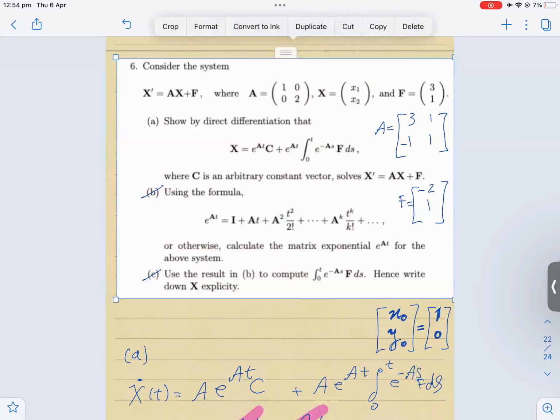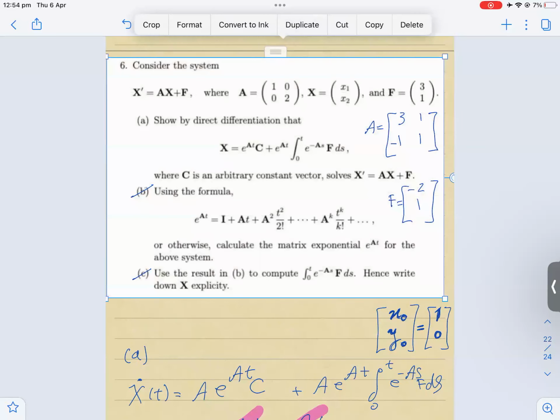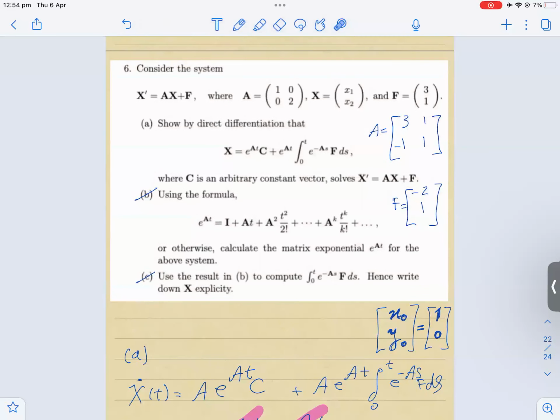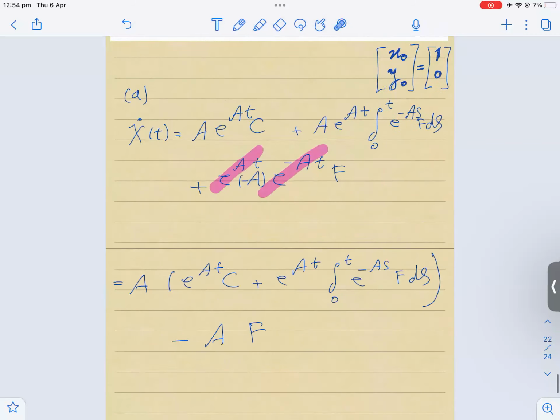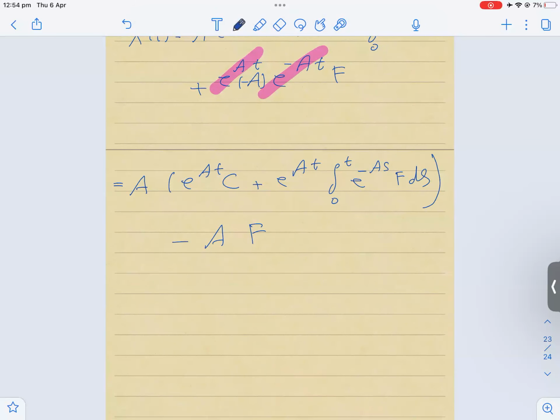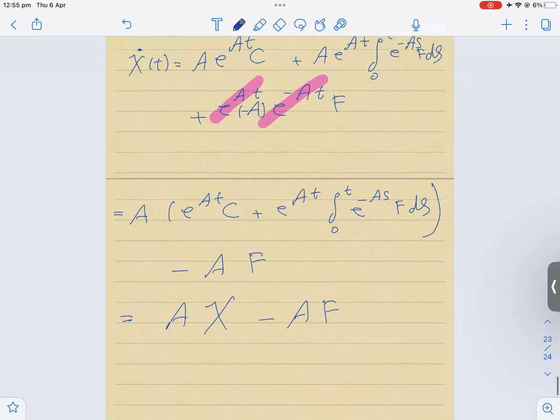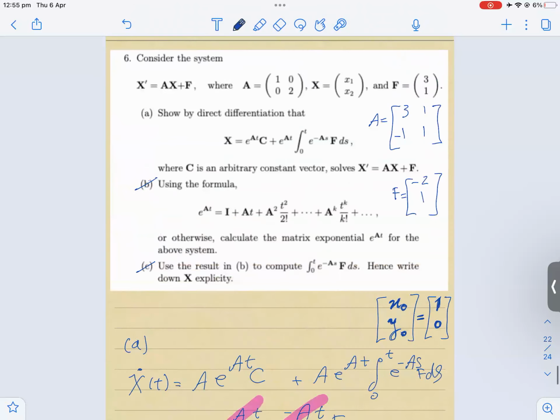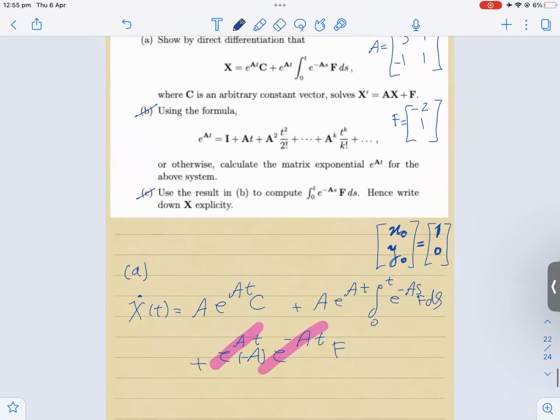Excellent. So this will be A times x minus A f.